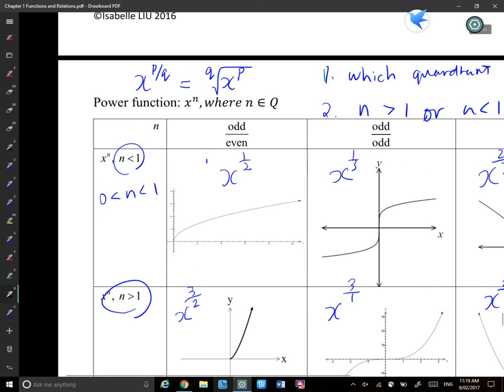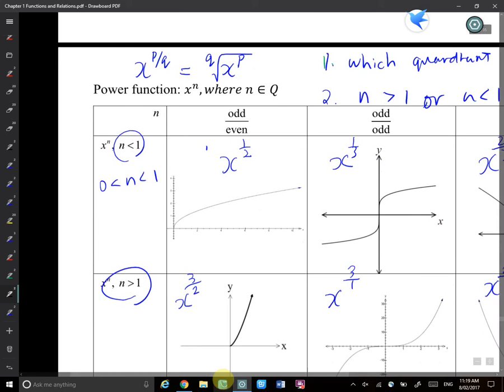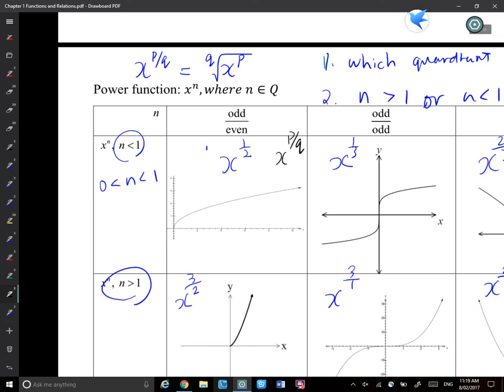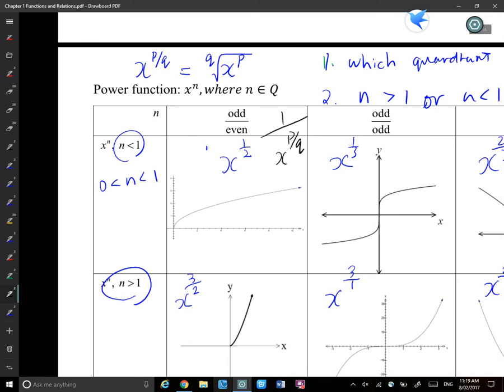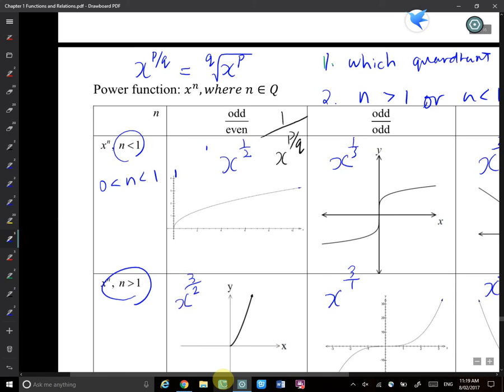Let's go back to the graph of x to the power of p over q. I want to look at 1 divided by the y value. So if I want to divide by that, think about when x equals 0. X cannot be 0, because you would have a y value equal to 0, so that's not good. So at this point, I will have an asymptote.